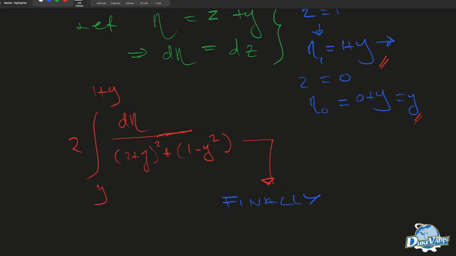Now, since we want everything to be together, we know that xi is equal to z plus y.